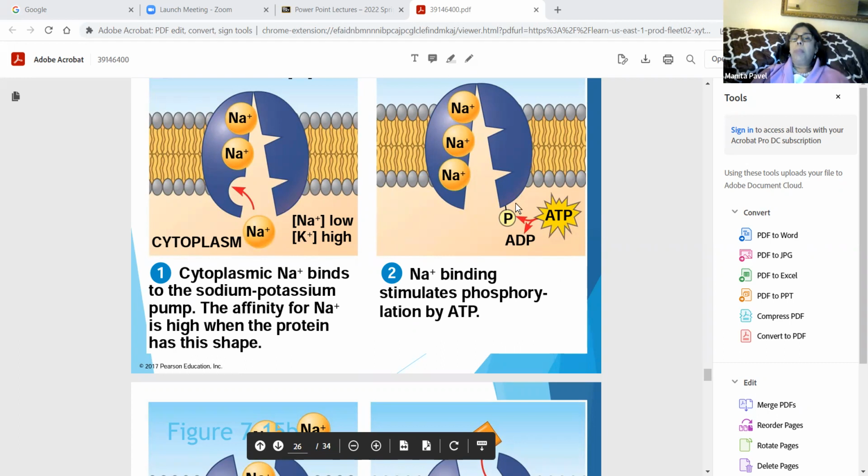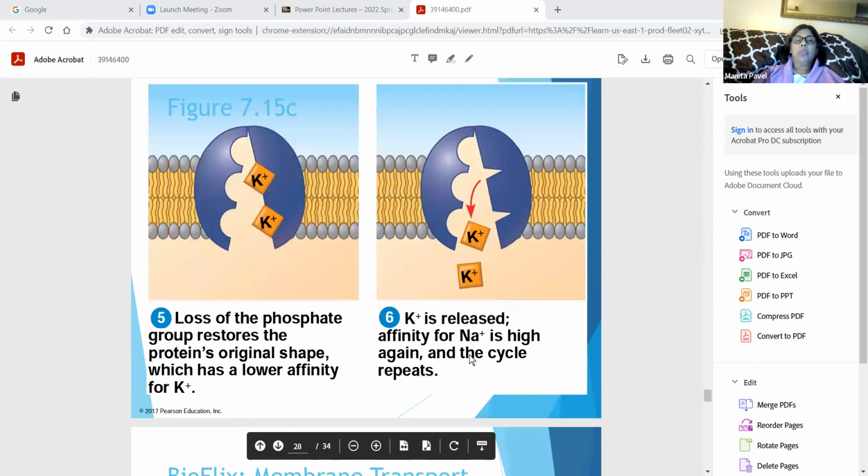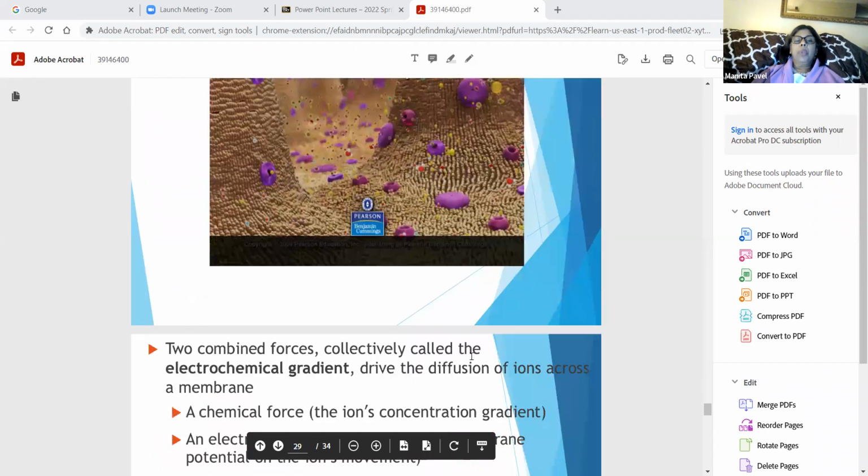So it leads to a change in protein shape, reducing its affinity for sodium ion, which is then released outside the cell. And the new shape has a high affinity for potassium ions. See, the shape has changed to bring in the potassium ions, which bind on the ECF side, which then triggers the release of the phosphate group. That's phosphorylation. So you can go through that.